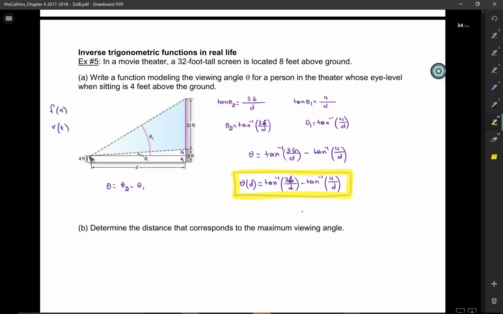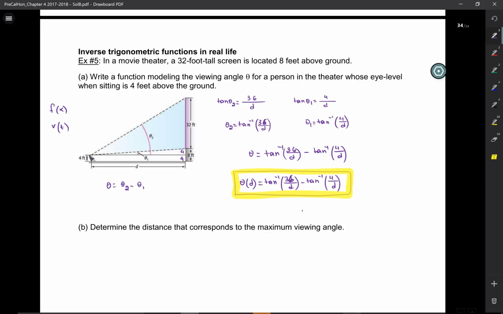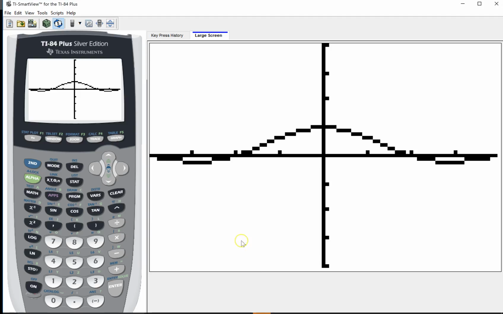Now here it says, in part B, determine the distance that corresponds to the maximum viewing angle. All right, well, the viewing angle is theta, right, in terms of D. And what we want is the maximum of that. So what we're going to do is graph this.